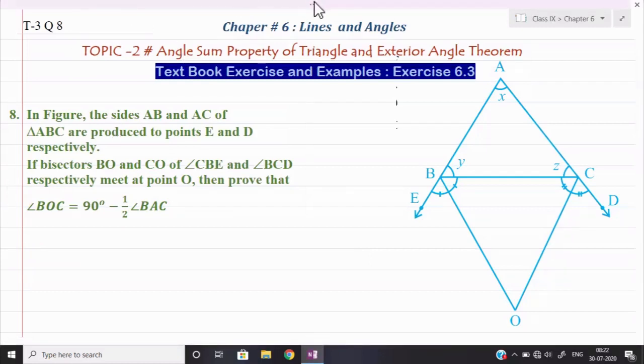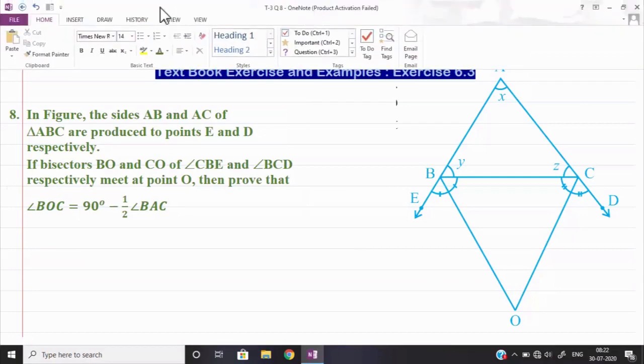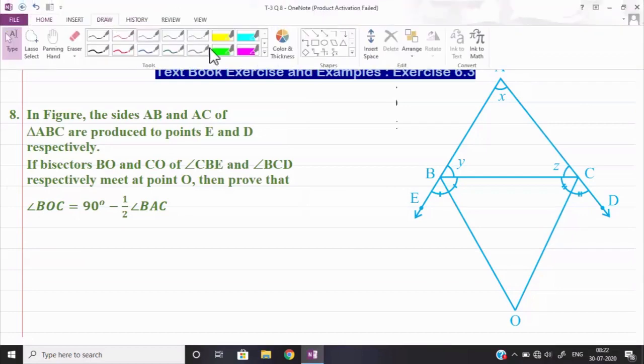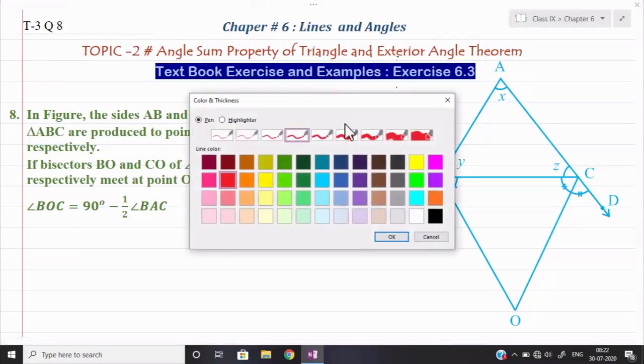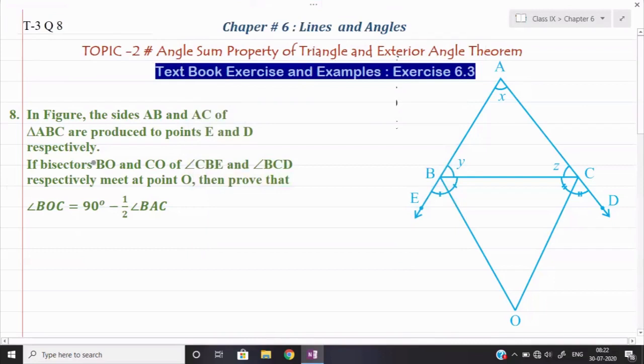Let me take a pen first. Yes, first we shall write down the given things, what is given in the question. We are given that in triangle ABC the angle values are X, Y, Z. That is very clear in the figure.